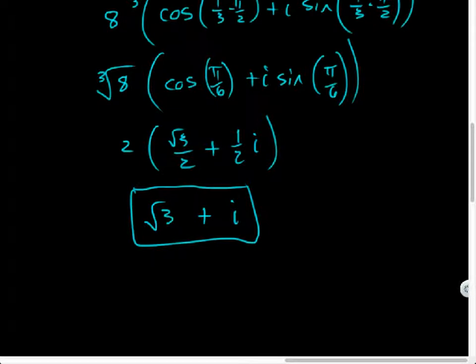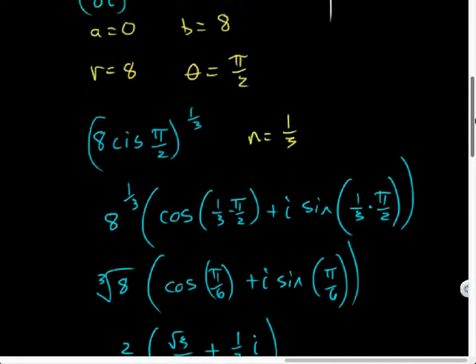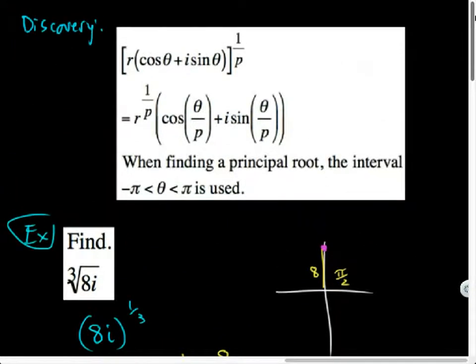Just like with real numbers, I mentioned principal roots here, right? That a square root of a number could have two answers, positive and negative 2 in this case.